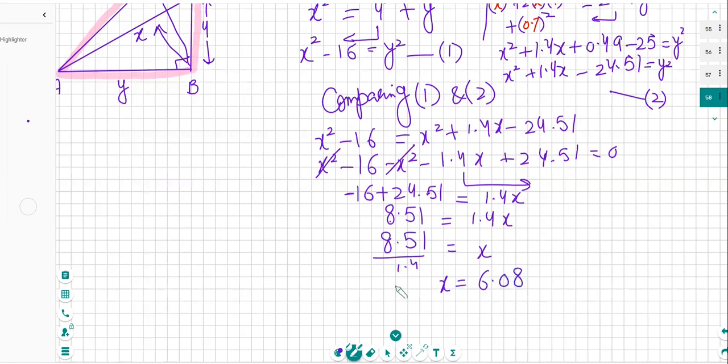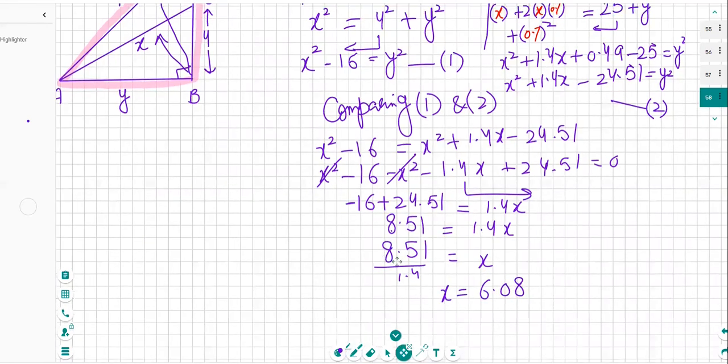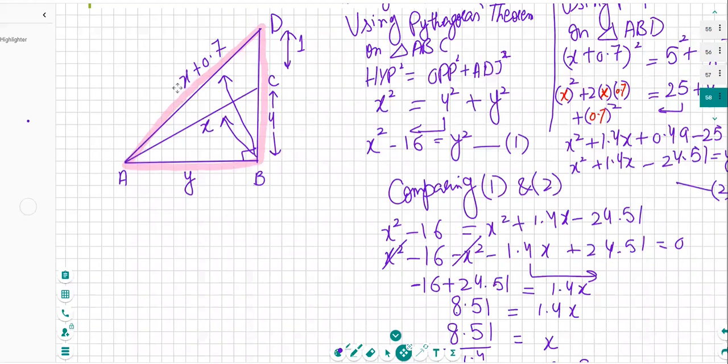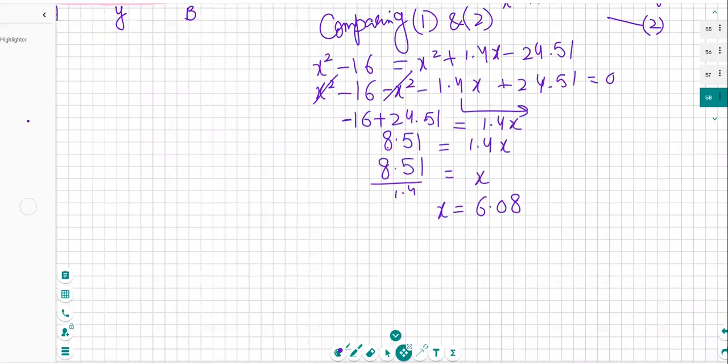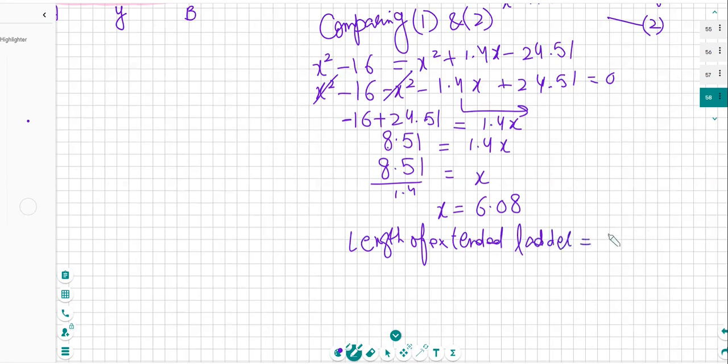So what was the length of the extended ladder? It's x plus 0.7. So the length of the extended ladder is x plus 0.7.